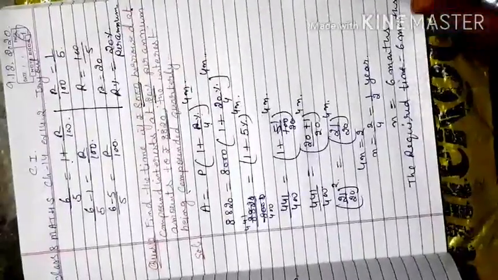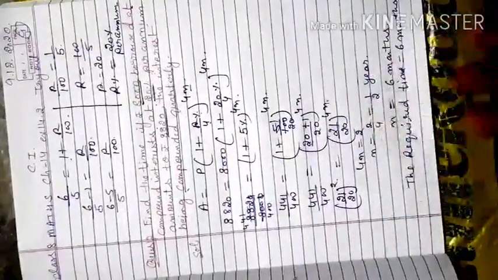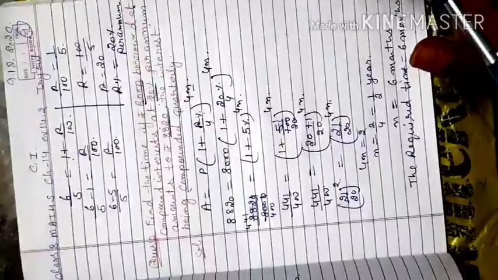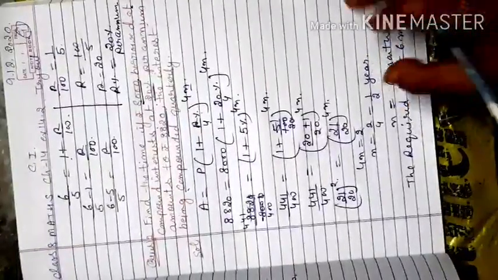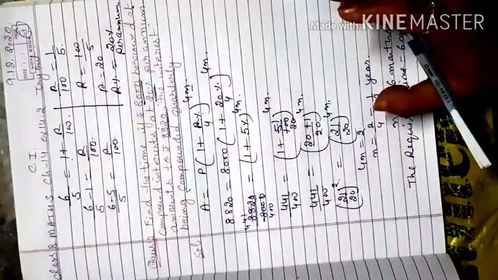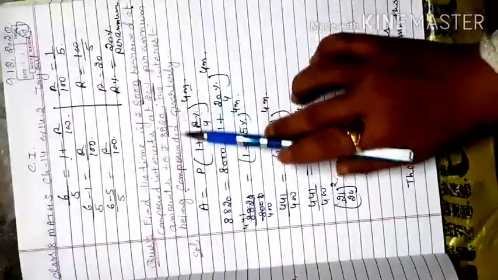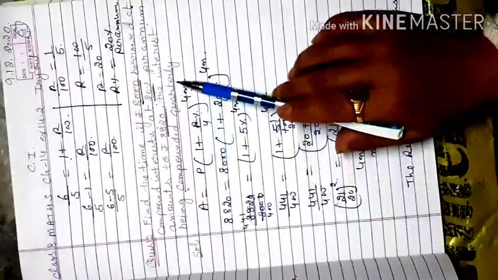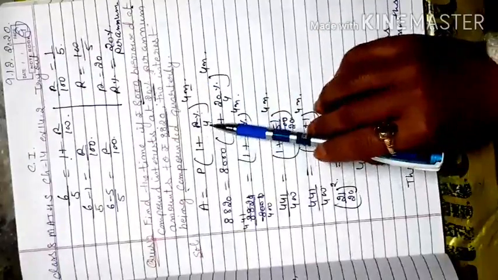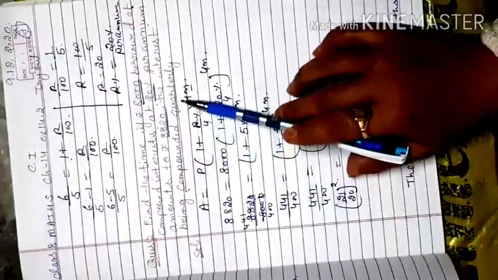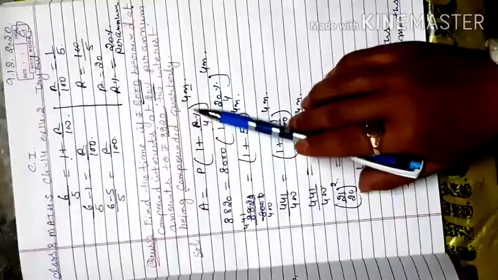So remember one thing, in this type of question, when you have to find either principal, rate or time, you first check what is written. If it is written compounded quarterly, apply the compounded quarterly formula. If compounded half yearly, then r/2 % and 2n.